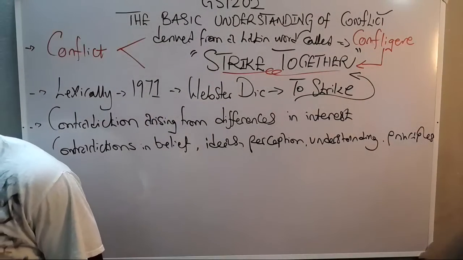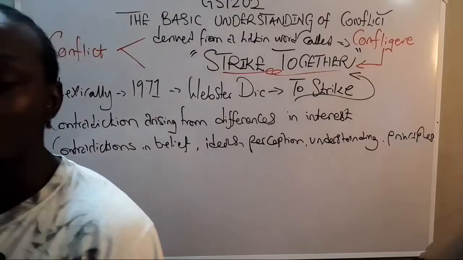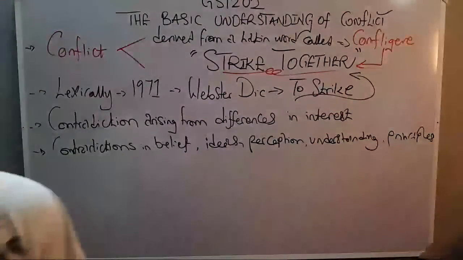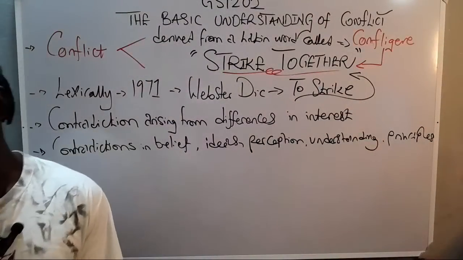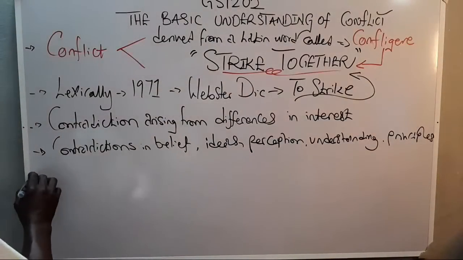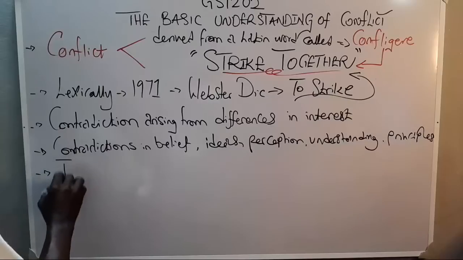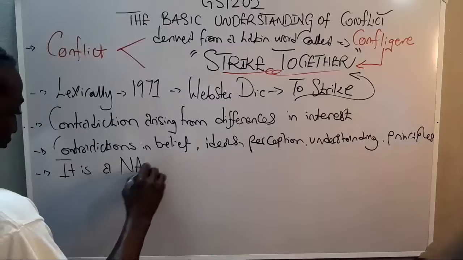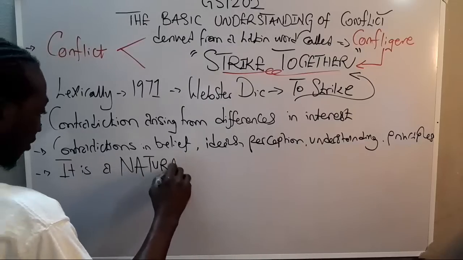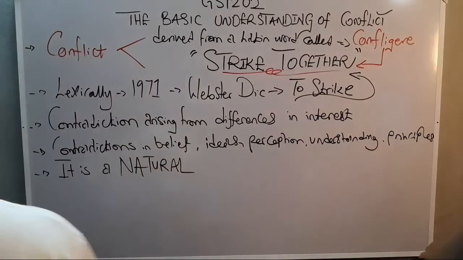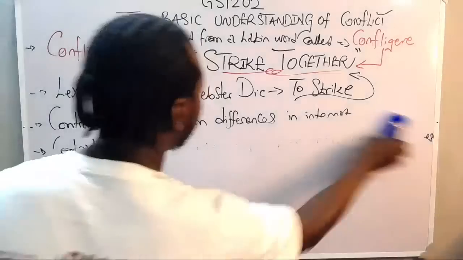Now we also have, it says here, although conflict is a normal, natural and inevitable phenomenon. Now take note of that. Conflict is what? It is natural. Understand the fact that conflict is natural.